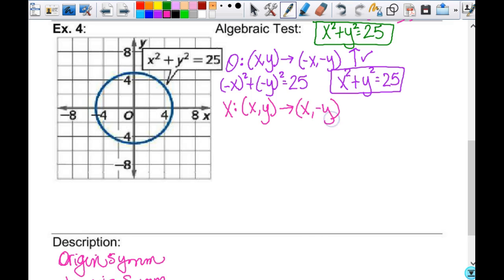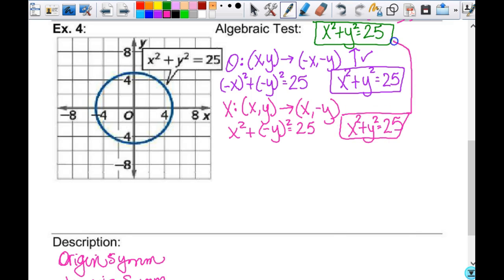Good. So x stays x, y becomes negative y, equals 25. So that means I get x squared plus y squared equals 25. That also matches that one, and we're good.